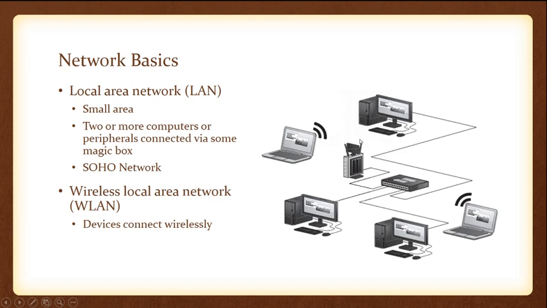The 3 desktop computers are being wired into the switch, but we do need to have this WAP, which is a wireless access point, so that the 2 laptops can also connect and share resources and share files. And that's the major purpose of a network, to be able to share resources within this network.